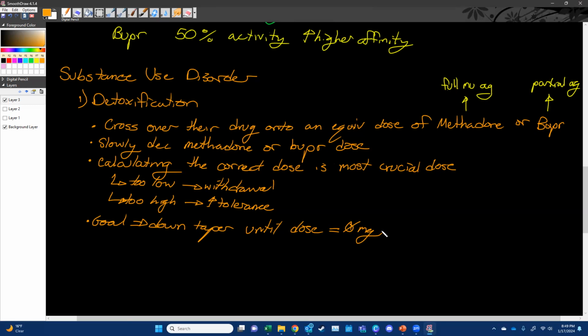Most people end up reusing after going through detox. It's not incredibly effective, just detox by itself, which is where we talk about maintenance therapy. Detox is all about avoiding withdrawal.